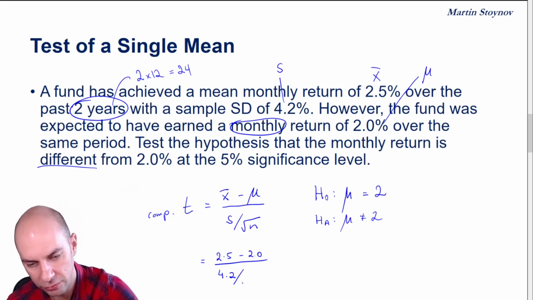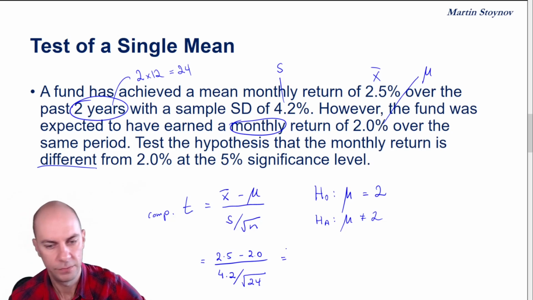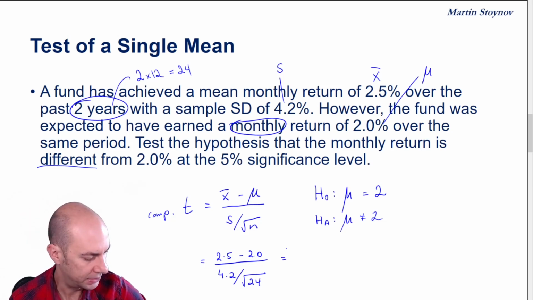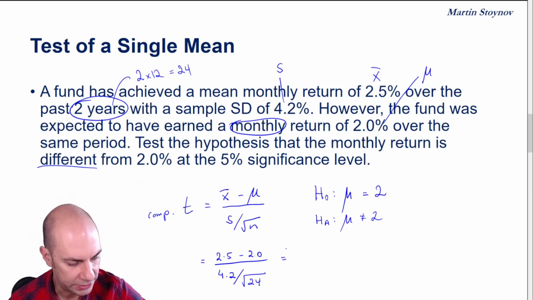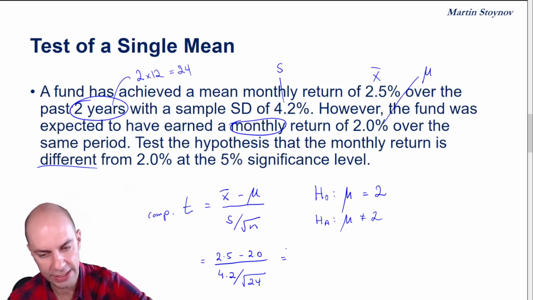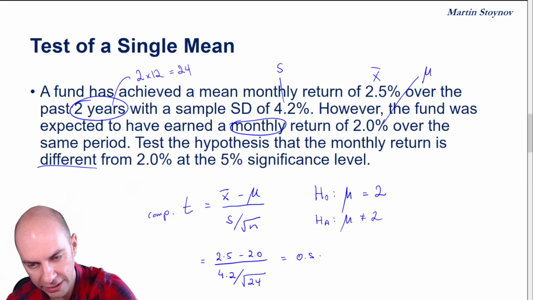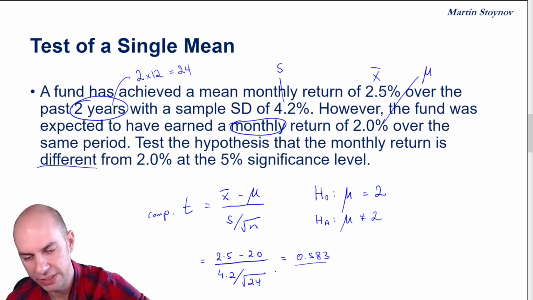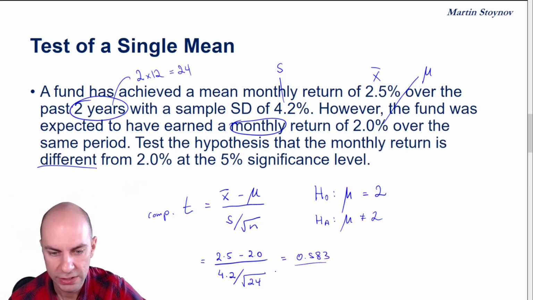So I'm going to have to divide by the square root of 24. Go ahead and do this computation and tell me what you get. What you're going to get is 0.583, and that represents our computed test statistic, which we now have to compare to our critical test statistic.